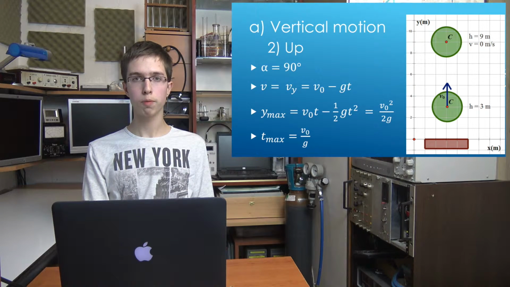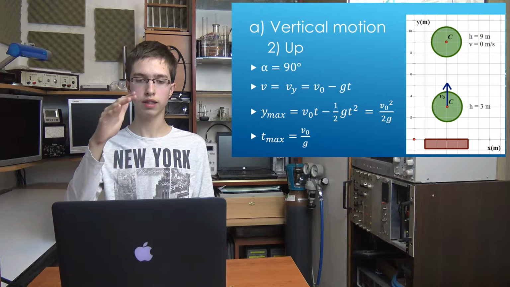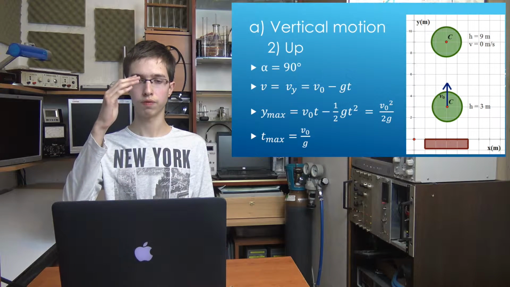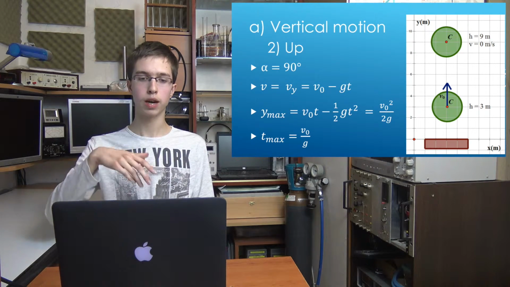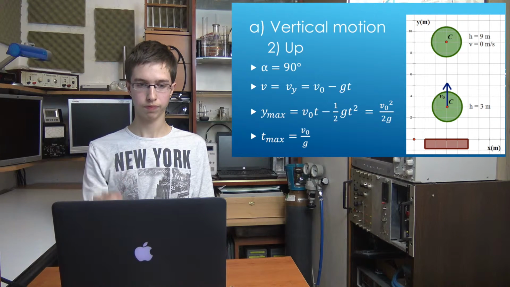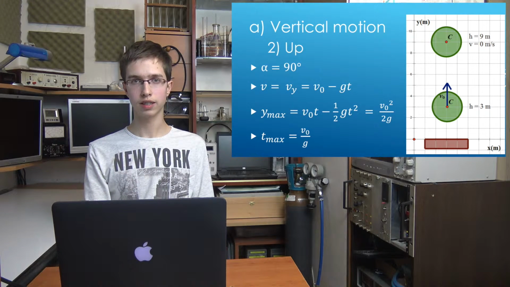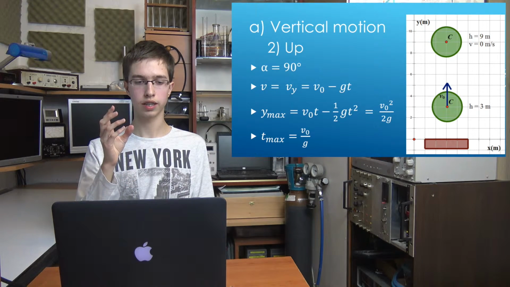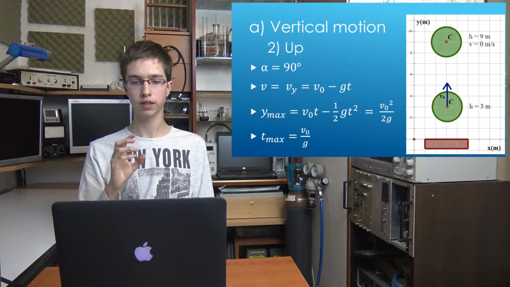And now we have y max, which is the maximal height the body comes to. So the highest point in the body's motion up. And t max is the time for which the body makes that motion, which is actually the proportion of starting velocity divided by g.